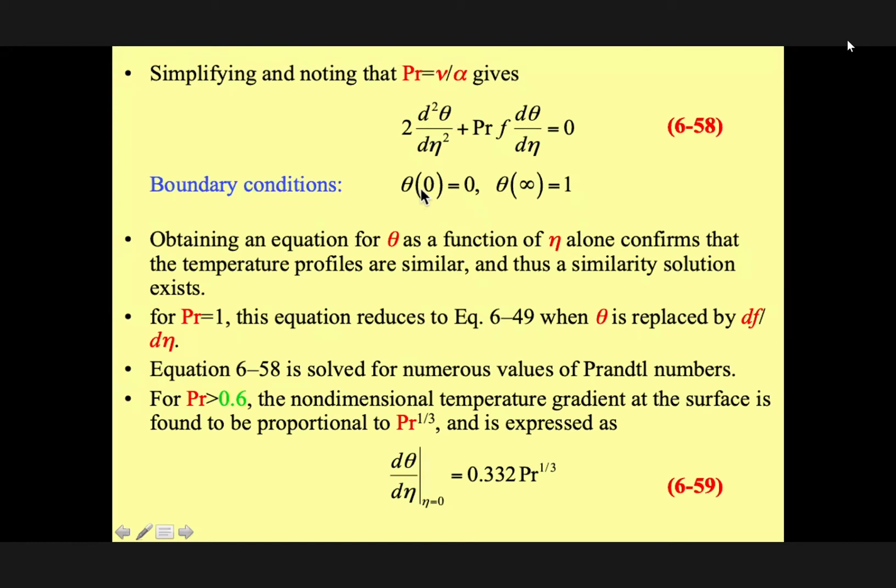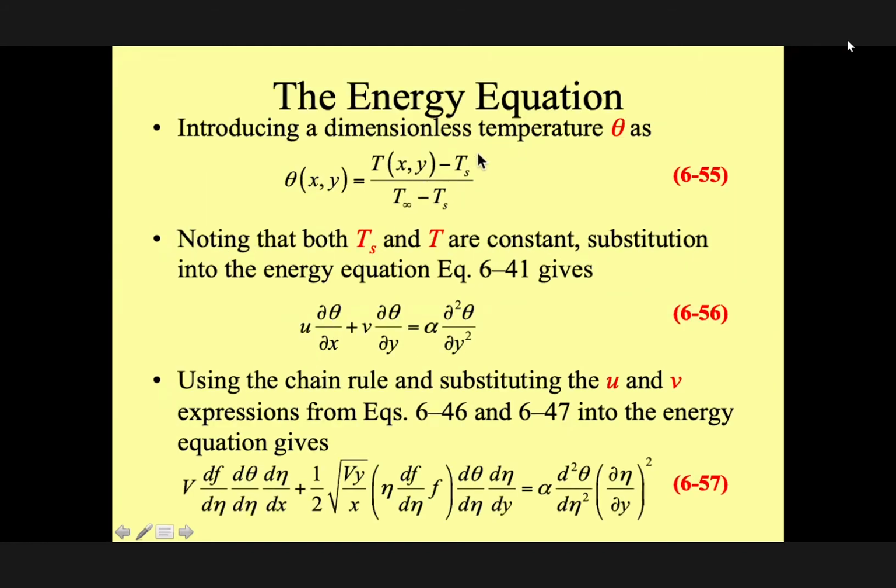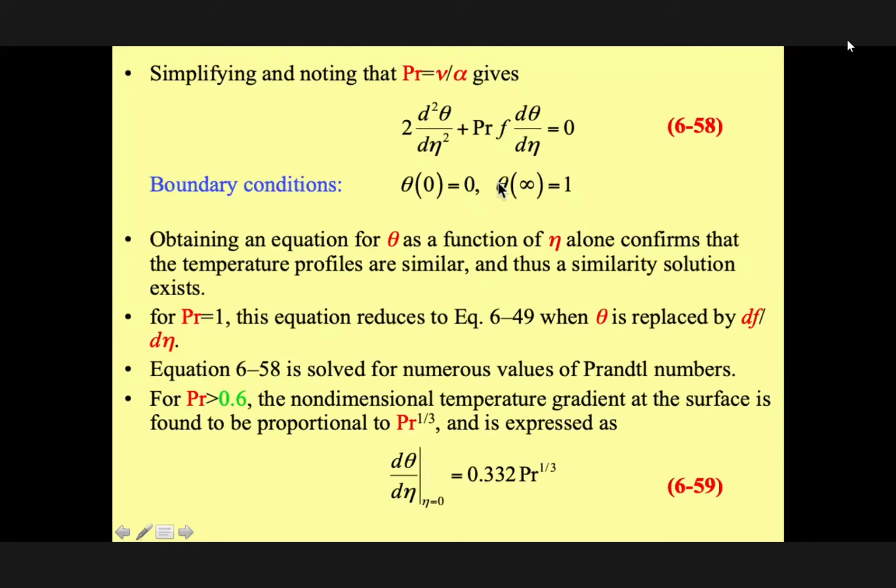Again, the boundary condition at the beginning: the temperature is equal to T infinity, based on the way it was defined. The temperature at x equals 0 is T infinity, and you also have T infinity at x equals infinity. By solving here, they end up finding this term.